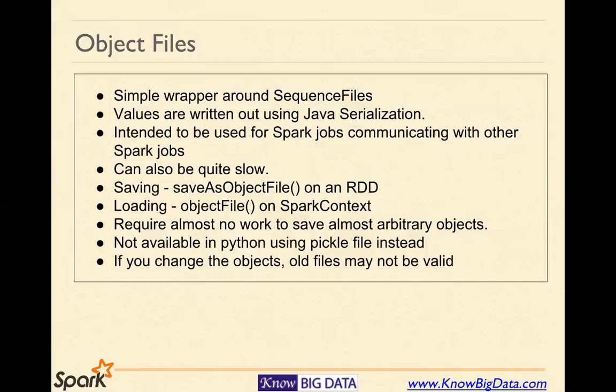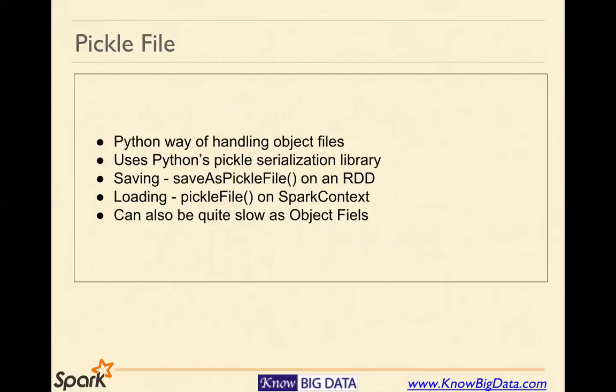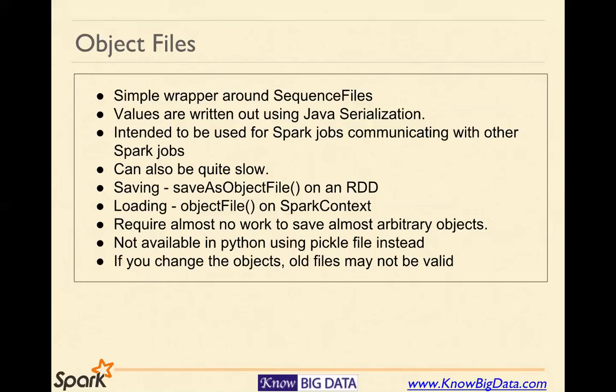When it tries to read the older objects and fit them into these new structures, it will fail. Therefore, be aware that object files are great only if you don't want to reuse them in future. They're great for keeping temporary data. Otherwise, use sequence file, or plain text formats like JSON, for storing complex data.